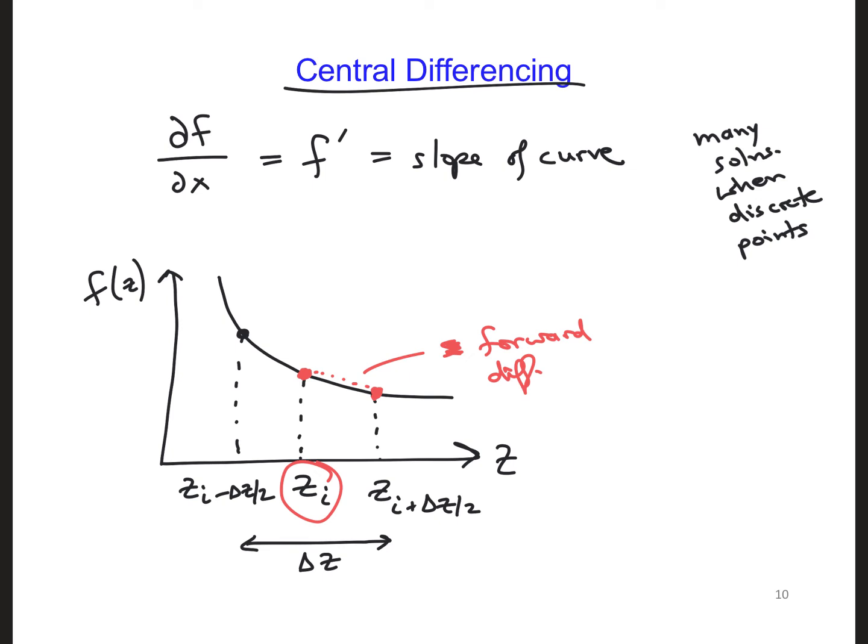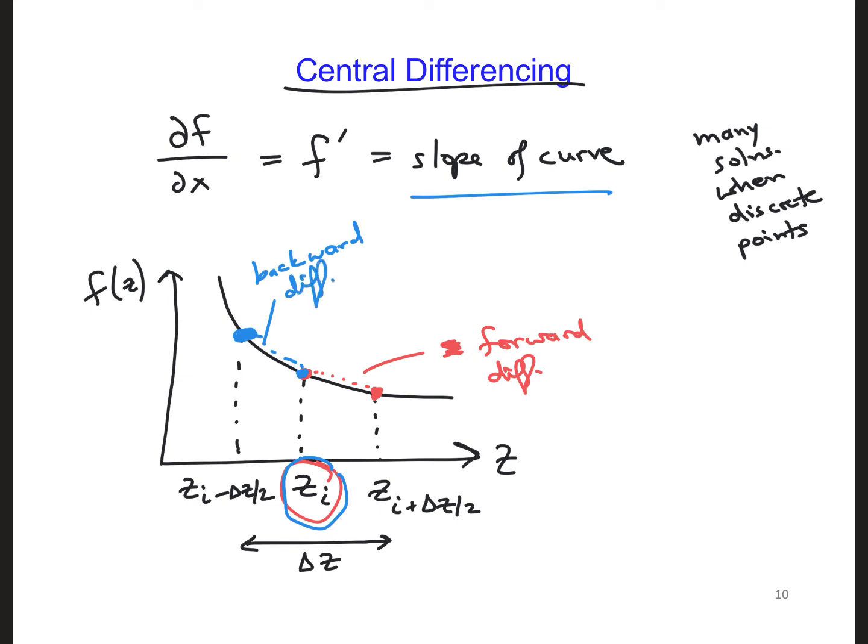Or another option, we could use backward differencing, which would use the value at the location where we want to obtain the slope, and also one to the left. I should label that. So this would be backward differencing.